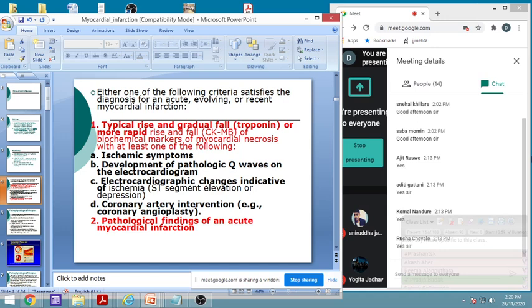Then coronary artery intervention can be done, that is called coronary artery angiography first. Actually that helps in the diagnosis. Angiography is the procedure wherein some dye is inserted, and it is checked where the dye is flowing. It is observed from outside, and wherever the dye is present, that means that area is open.